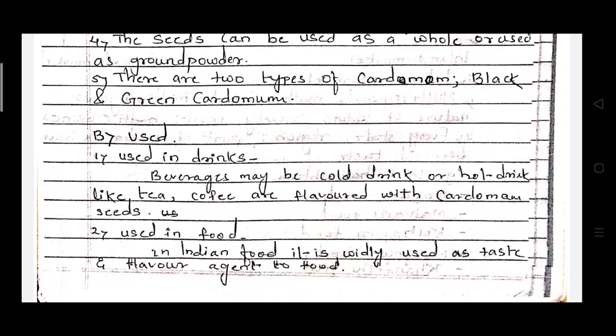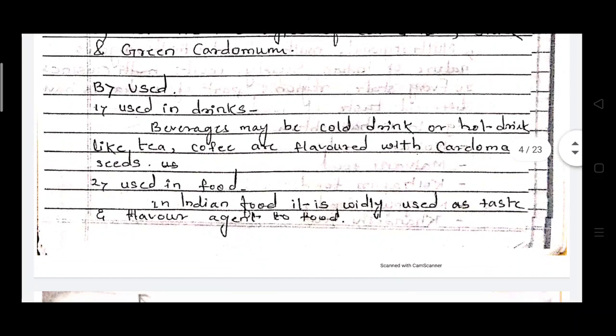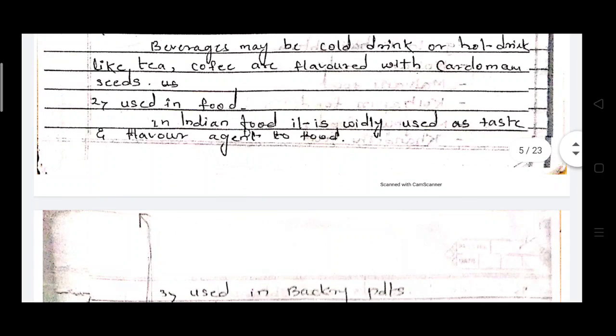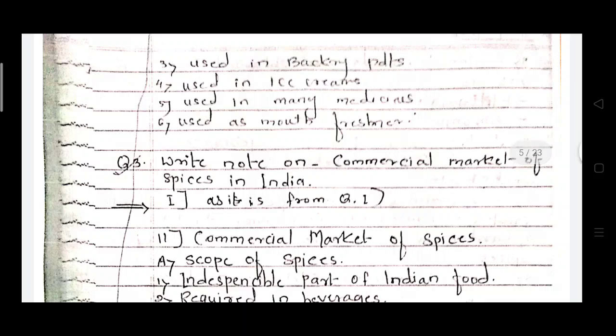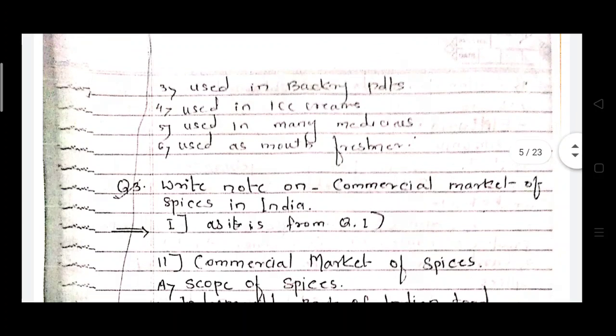Then it is also used in food. In Indian food, it is widely used as a taste and flavor agent. In preparing different dishes, cardamom is used for adding taste or flavor to the foods. Also, cardamom is used in bakery products, ice cream production, many medicines, and for preparing mouth fresheners.